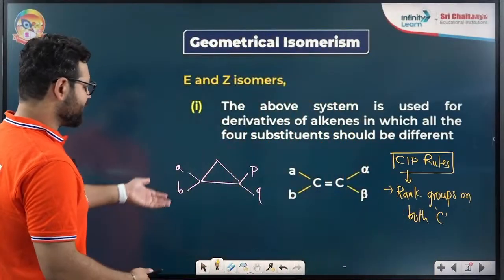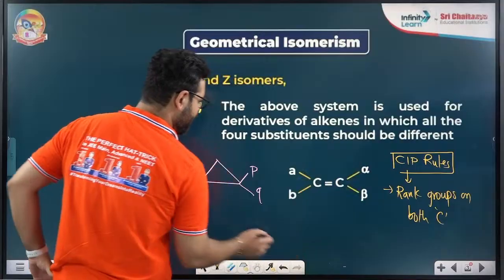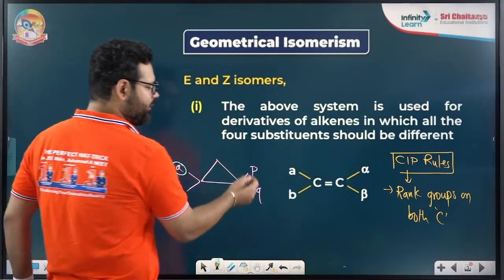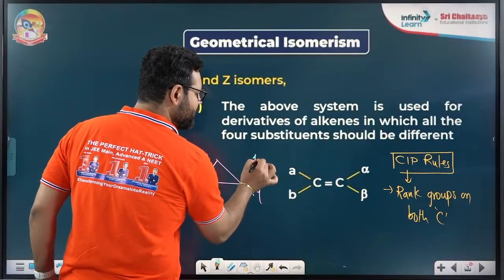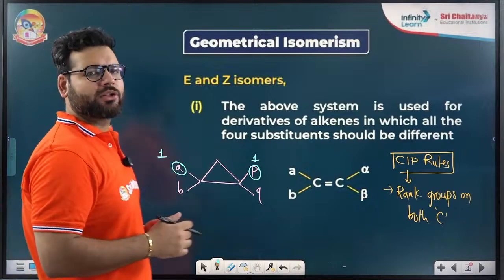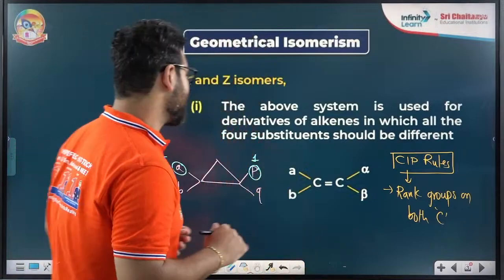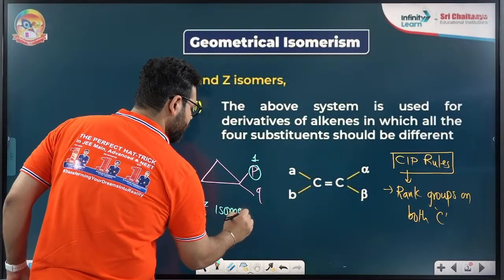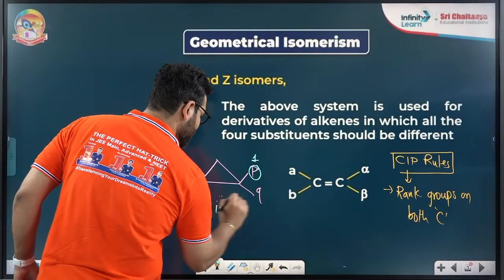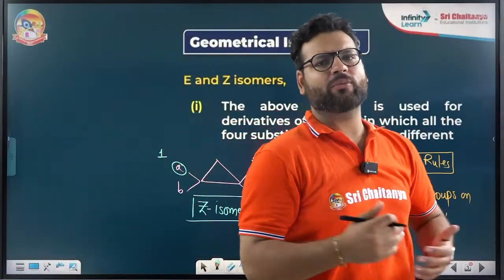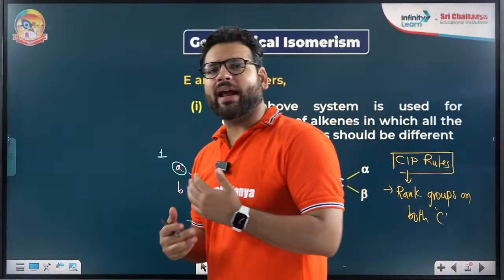Let's say A versus B, there is a fight between A and B. If A wins, I say A, you are rank 1. Between P and Q, if P wins, I'll say P, you are rank 1. If rank 1s are coming on the same side, which looks like a cis, it will be the Z isomer. Remember, Z isomer. The one who looks like a cis is a Z. Cis was same group on same side; here, same rank on same side.